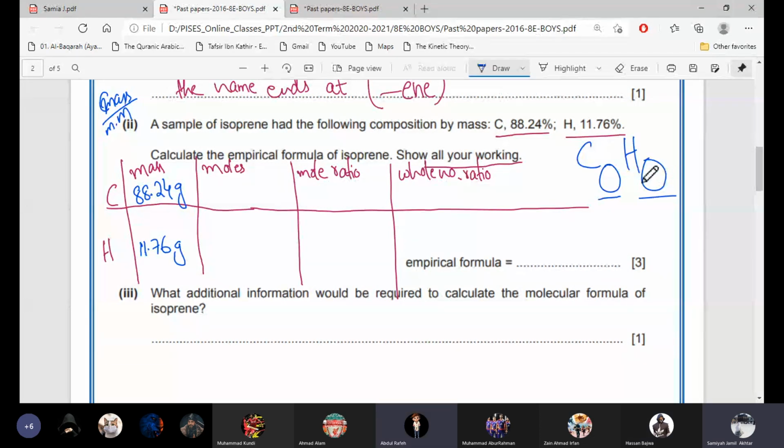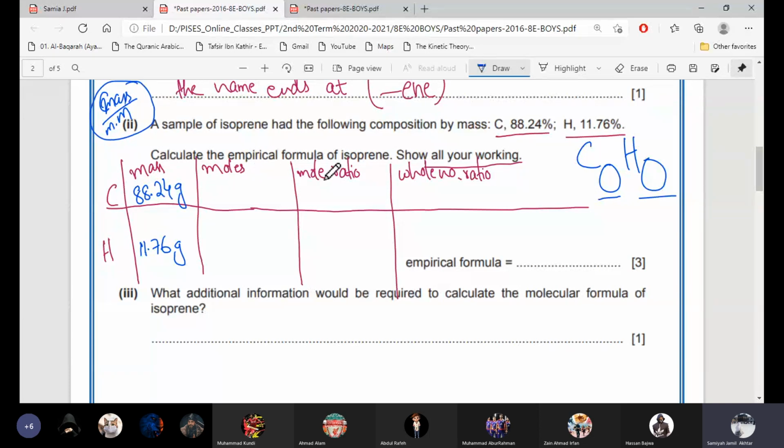Is the answer C5H8? C5H8. Mm-hmm. Good. And I also got the same, C5H8. Very good. From the start, use this formula, mass divided by molar mass, and take out the moles.